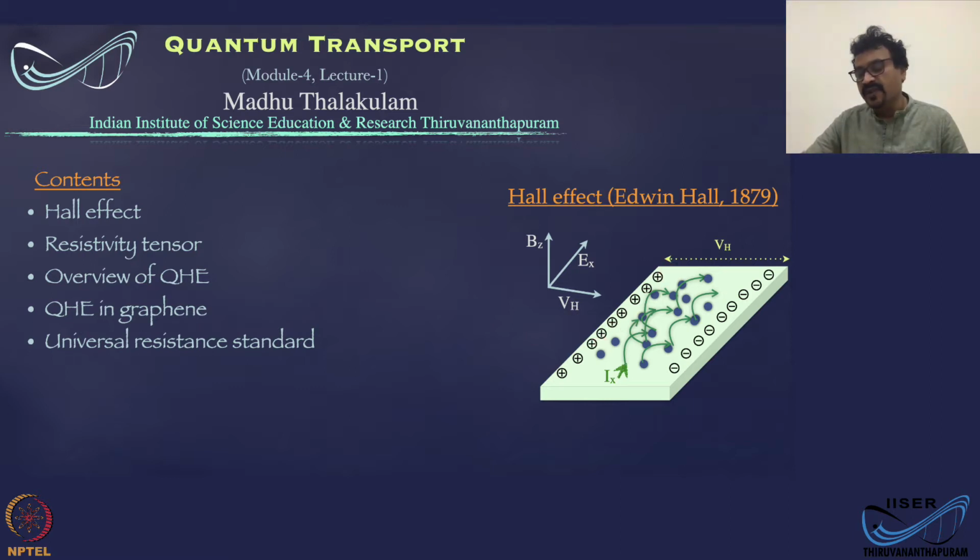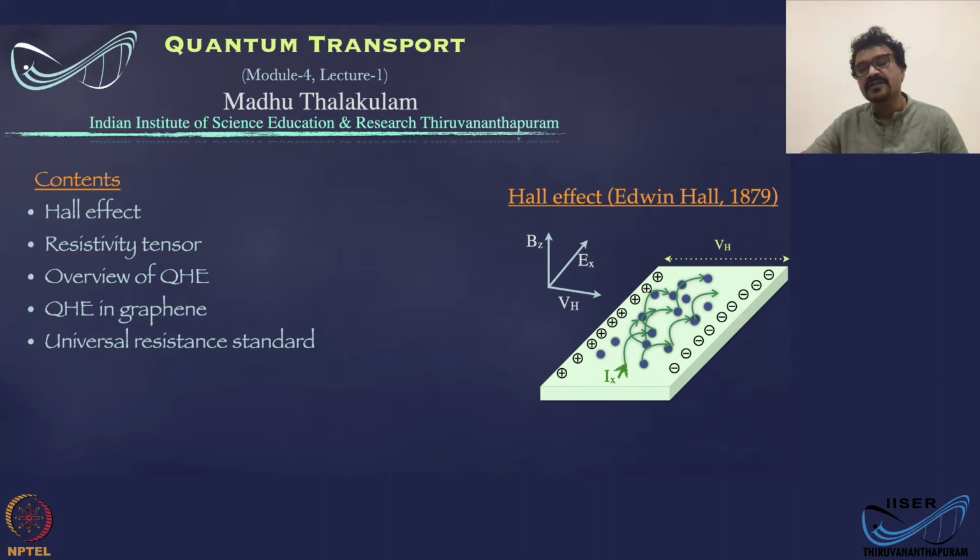And at some point of time, a balance will be reached by the field generated by the exposed ions and the collected electrons, and no more electrons will be collected.